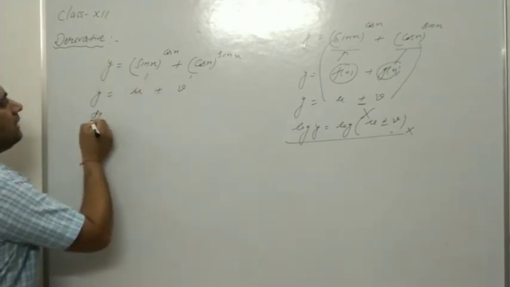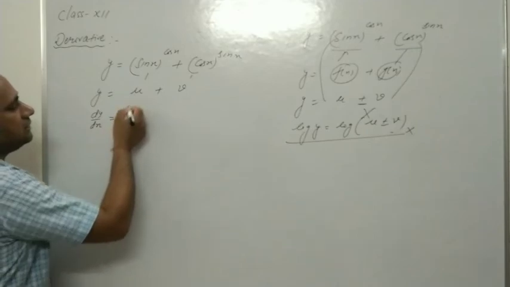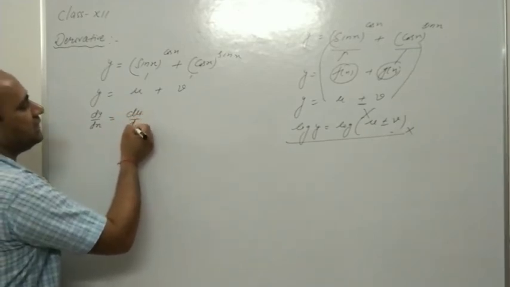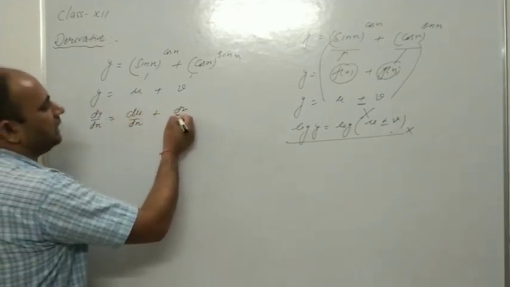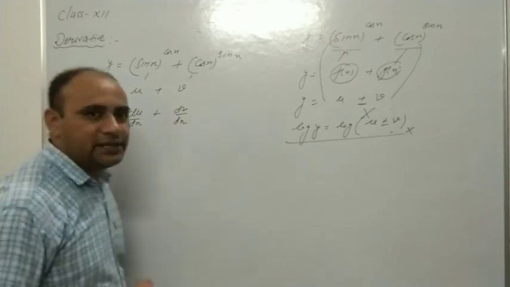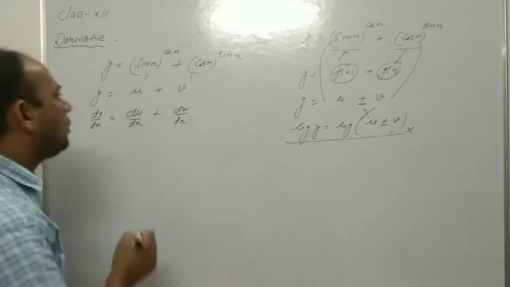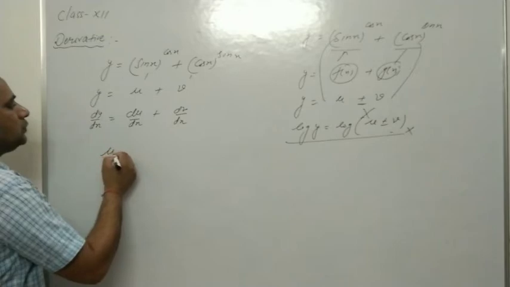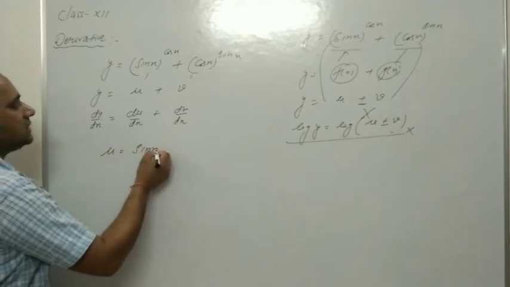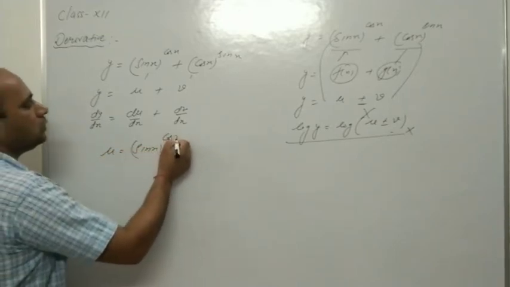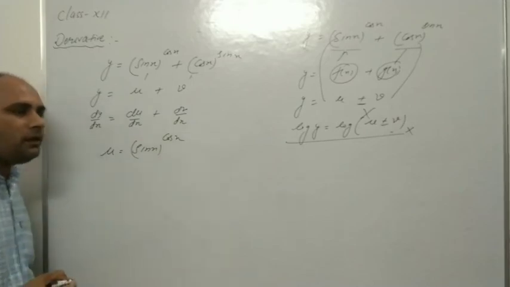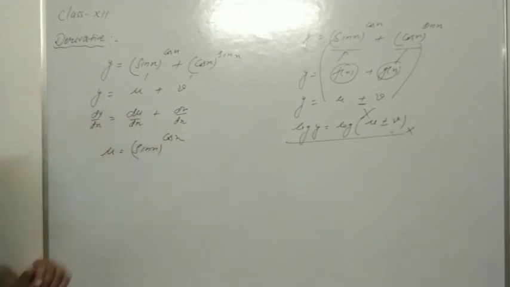So our dy by dx is du by dx plus dv by dx. Okay. Now what is u? U is sin x raised to power cos x.